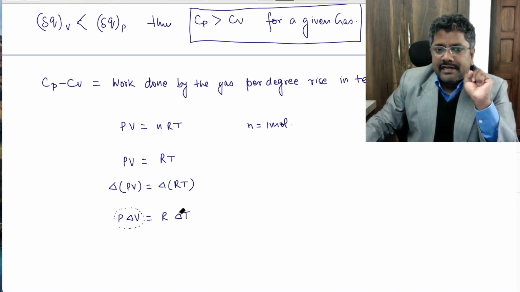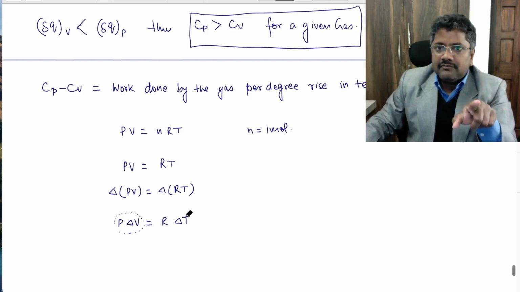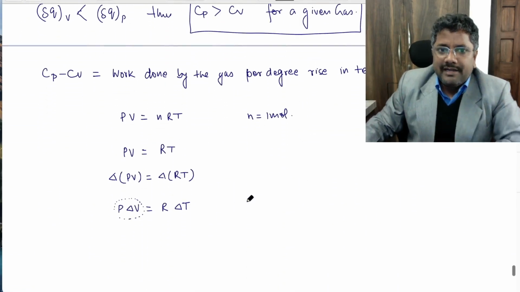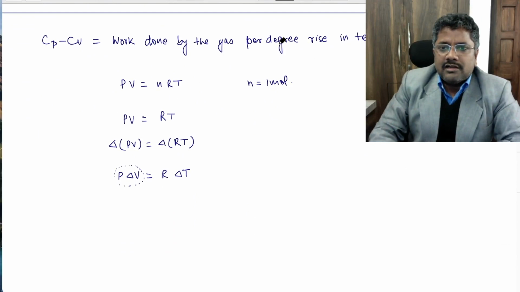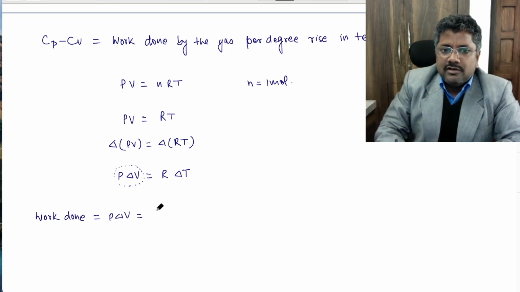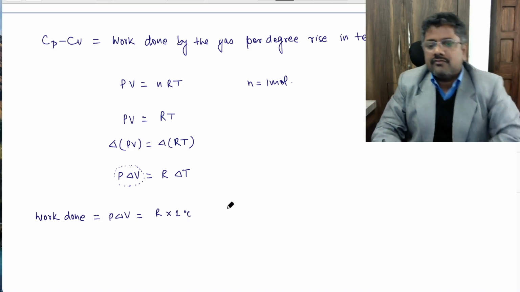On the right hand side we have delta T. See, delta T is 1 degree, an increase in temperature by 1 degree. So we can write here the work done by the gas per degree rise in temperature. So this work done is equal to P delta V, which is equal to R into 1 degree Celsius or 1 Kelvin.